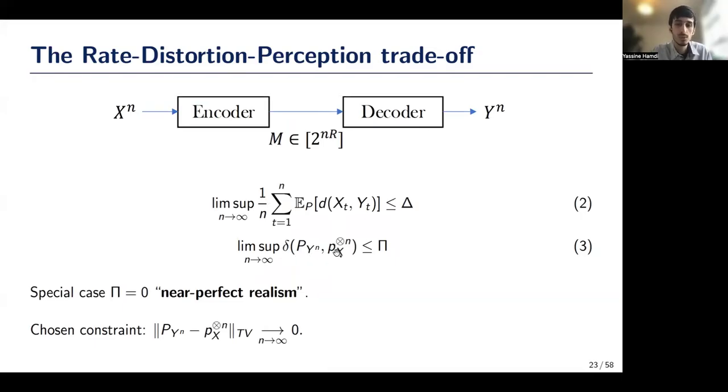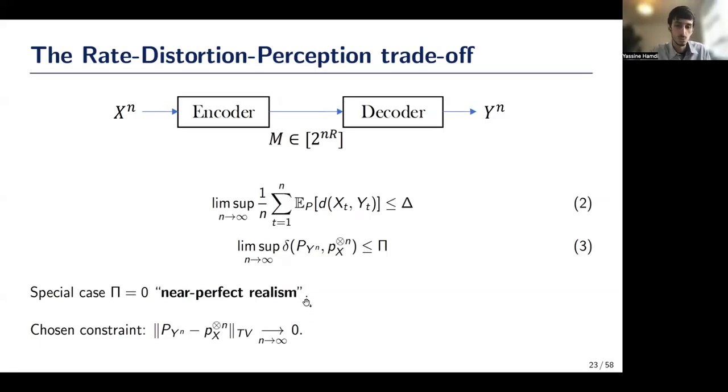So we want these distributions to be close, and this is linked to visual quality in the sense that if this distance is very small, then it will seem like yn comes from the same distribution as xn. And if it comes from the same distribution, then intuitively it should be as beautiful as xn was. That's the main idea.